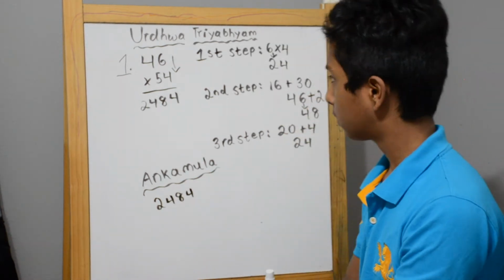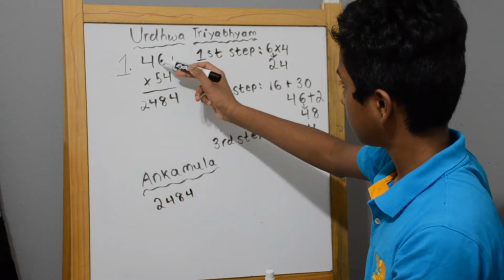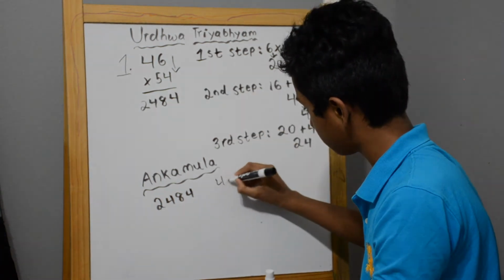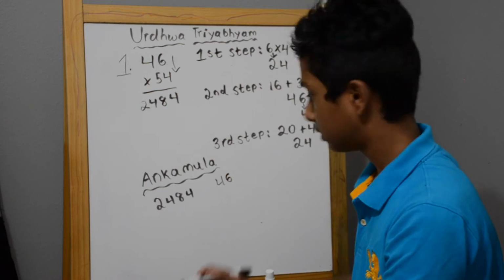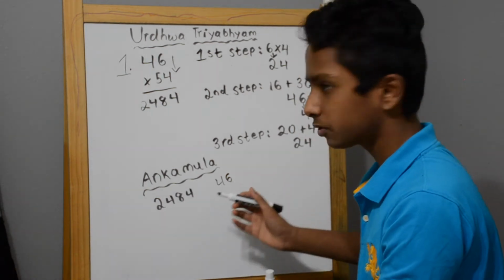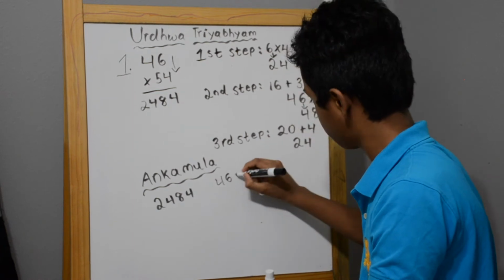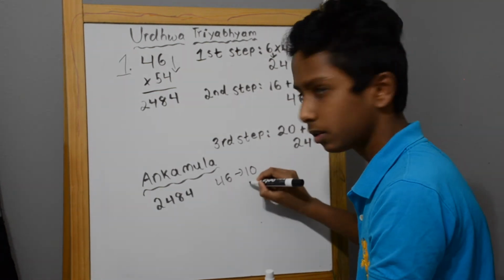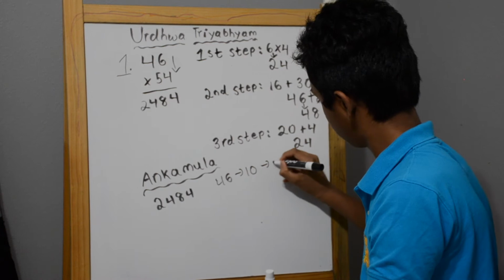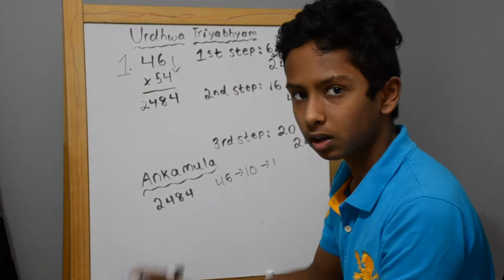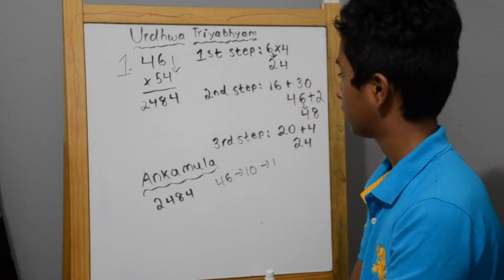For Ankamula, what I basically do is I take my first number 46 and I add it. So the digits for 46 are 4 and 6. So 4 plus 6, it's 10. 1 plus 0 is 1. So the Ankamula of 46 is 1.